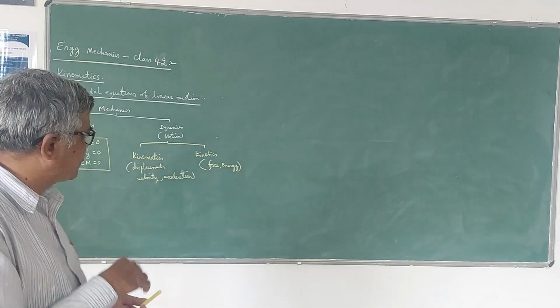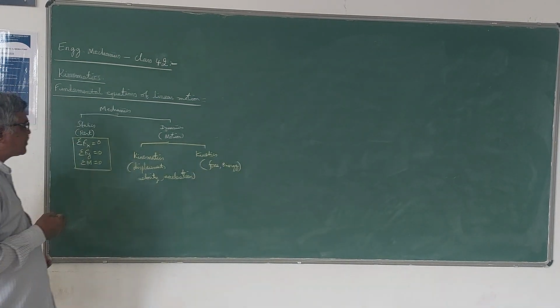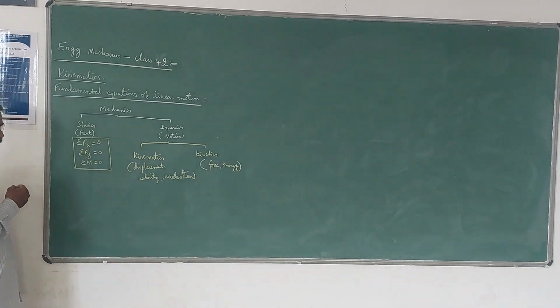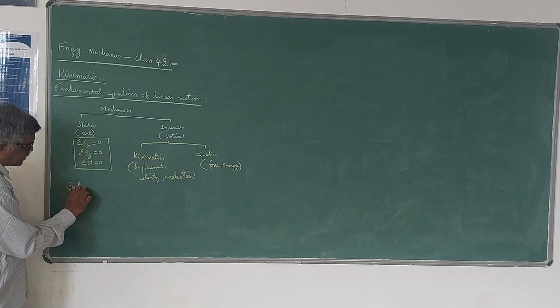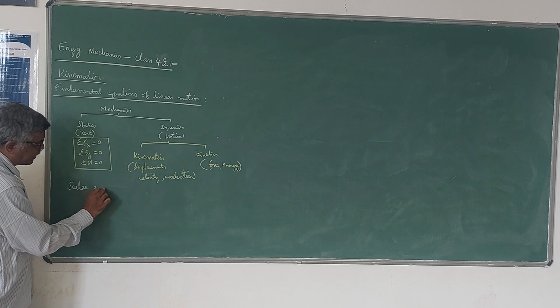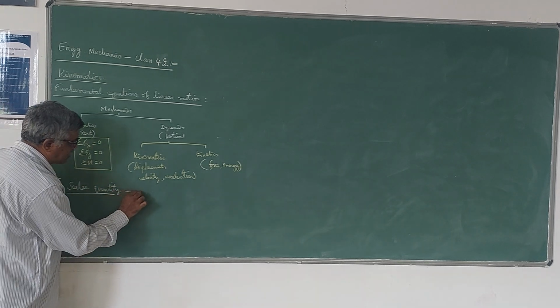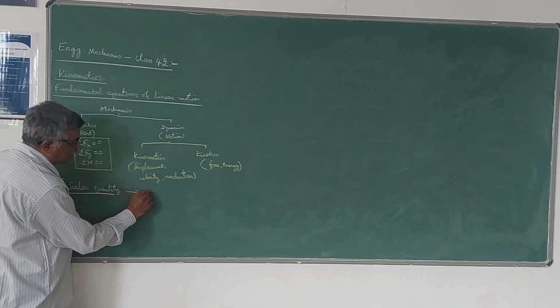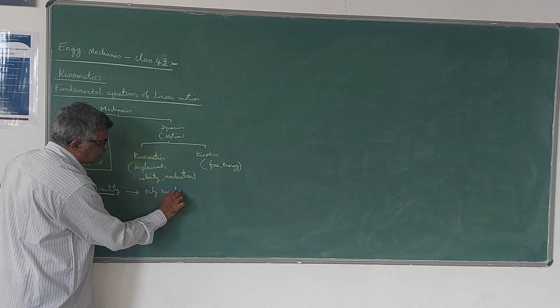Now, in this class, we will discuss the basics of kinematics. Basics of kinematics means you know that there are basically two important quantities called scalar quantity and vector quantity. According to the definition, a scalar quantity is a quantity which has only magnitude but no specific direction.